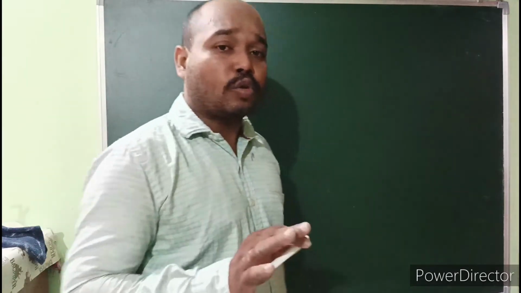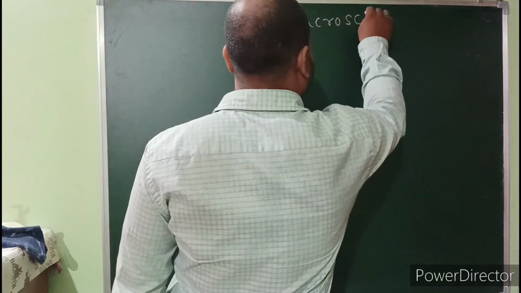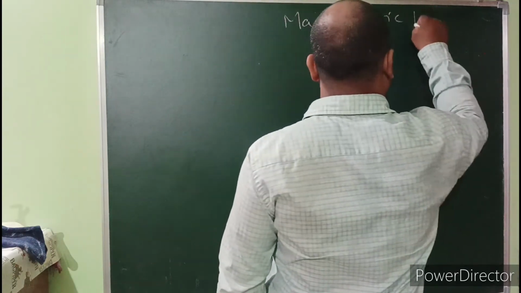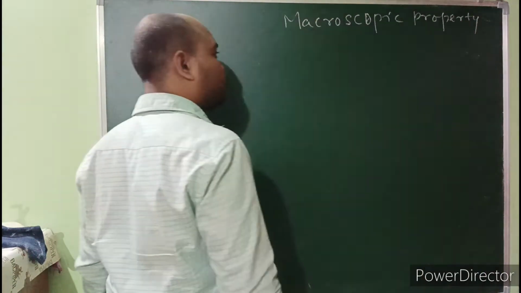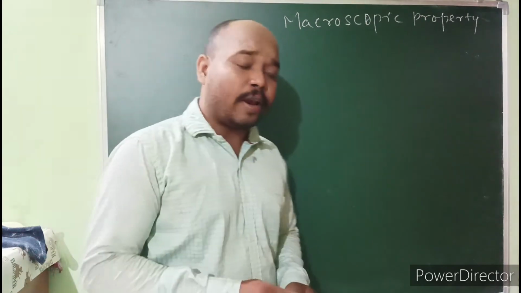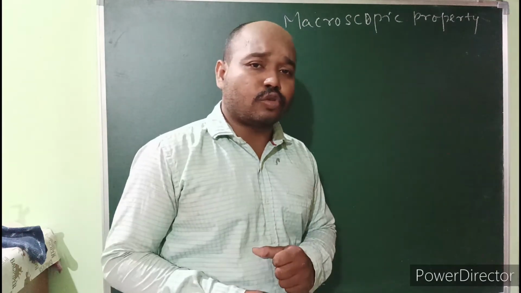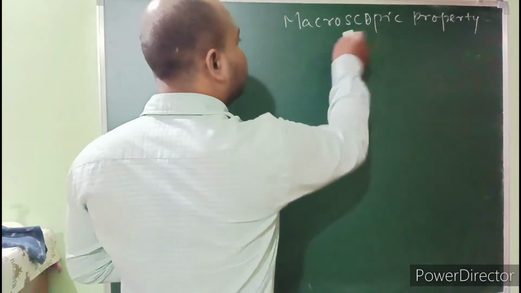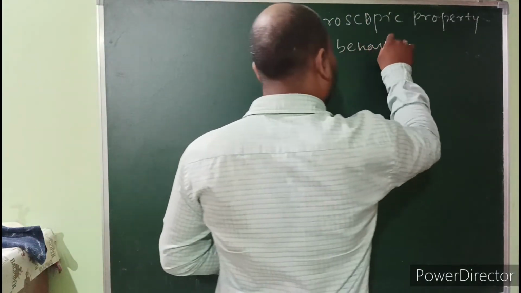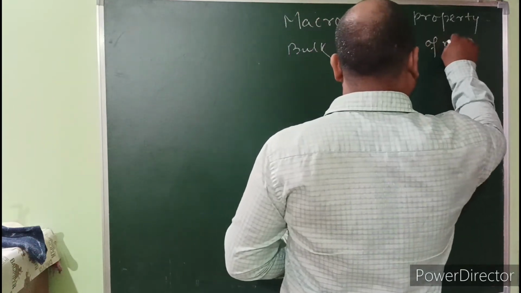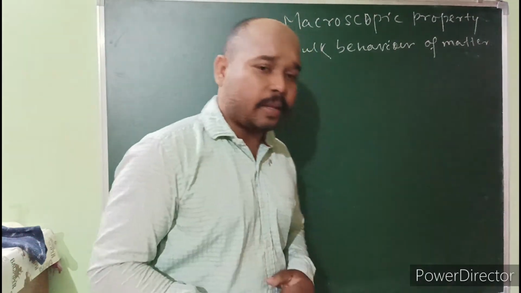About macroscopic property. Whenever we discuss some bulk behavior of matter, it is called a macroscopic property. So we can say bulk behavior of matter is called macroscopic property.